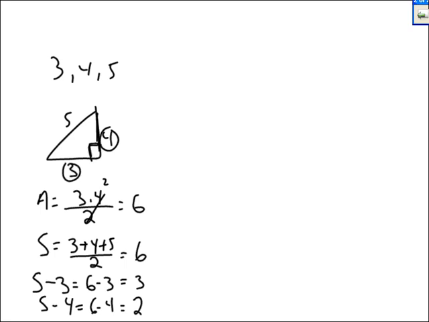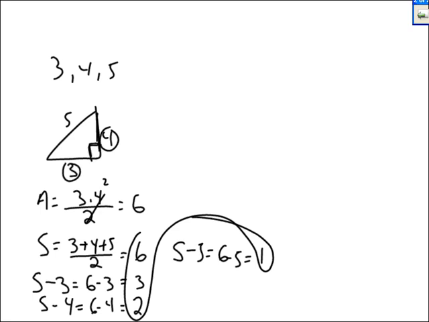And lastly, always run out of room on the last one. S minus C is 6 minus 5, or 1. And you multiply those four numbers and you take the square root of it. The area is the square root of 6 times 3 times 2 times 1. Multiplying by 1 you don't need to do.